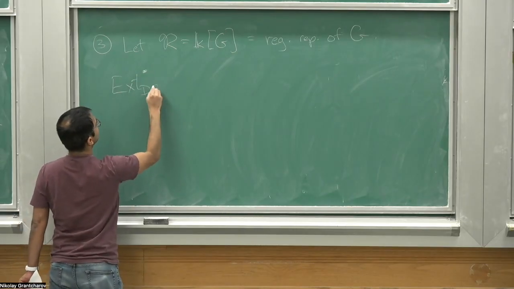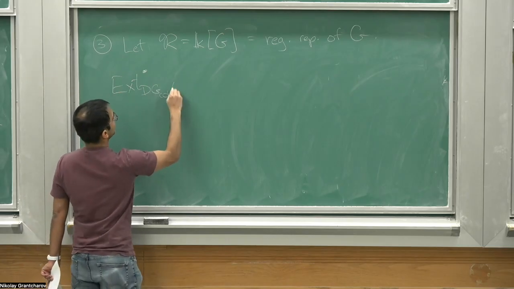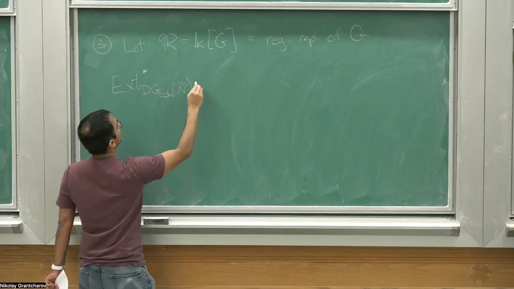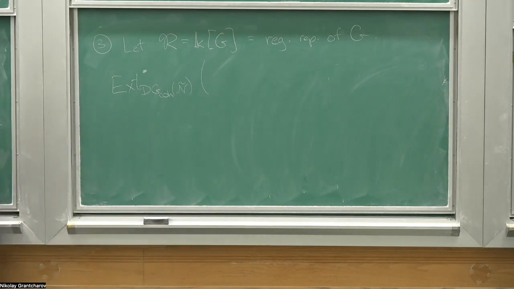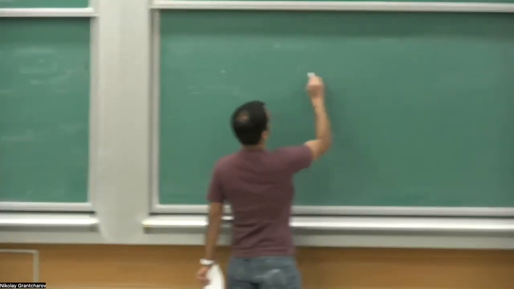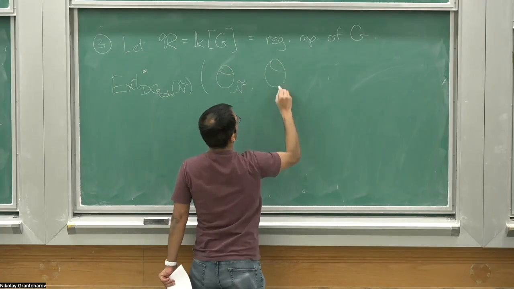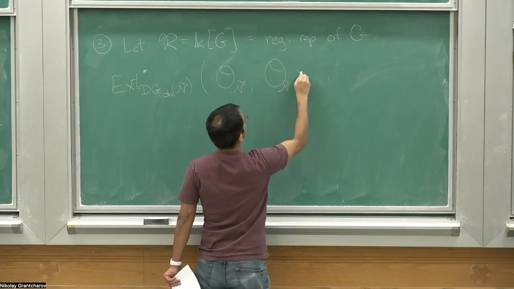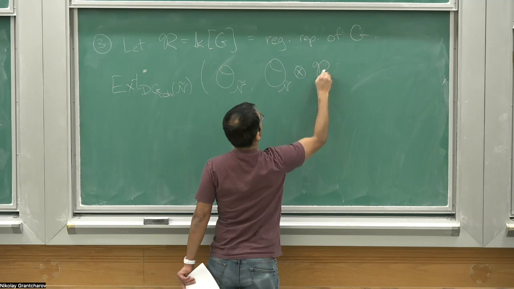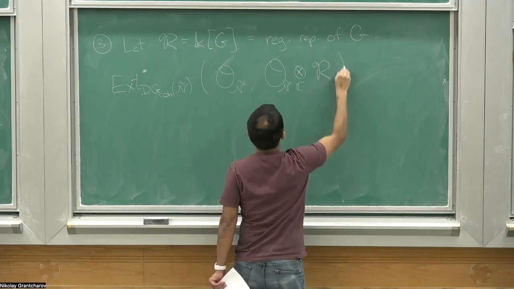I'm going to take Ext in the third category on the bottom row there, in DGCoh of N-tilda. What I want to take Ext of is the structure sheaf of N-tilda with the structure sheaf of N-tilda tensored with R. And this is like tensor over C with R.